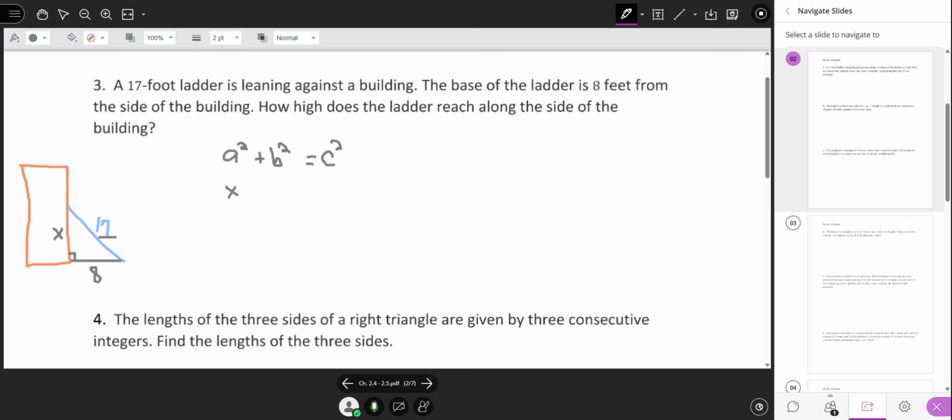So x squared plus 8 squared equals 17 squared. And I would suggest using Desmos. Okay? Because that would be the nicest way of doing it. And when you do, you get x equals 15.